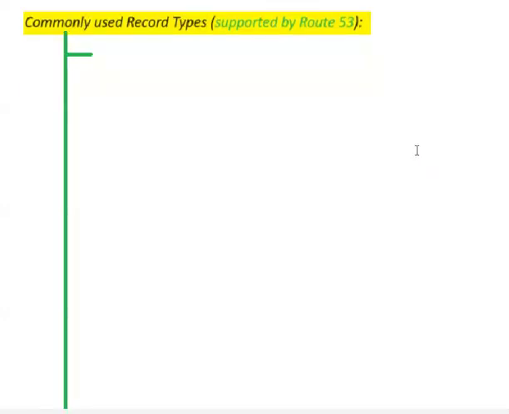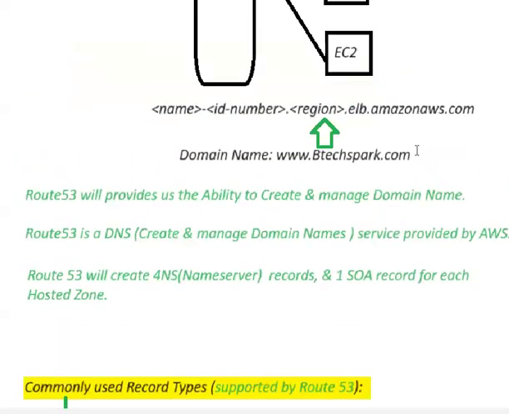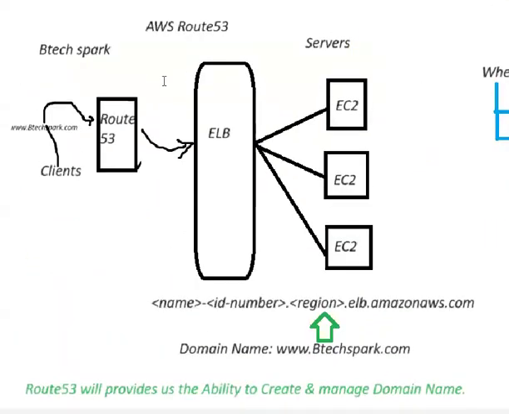Let's say you have a host name, that is, you buy it either from Route 53 or from general domain name purchasing places. You bought a website, let's say for example www.btexpark.com. Now you want to map this domain name.